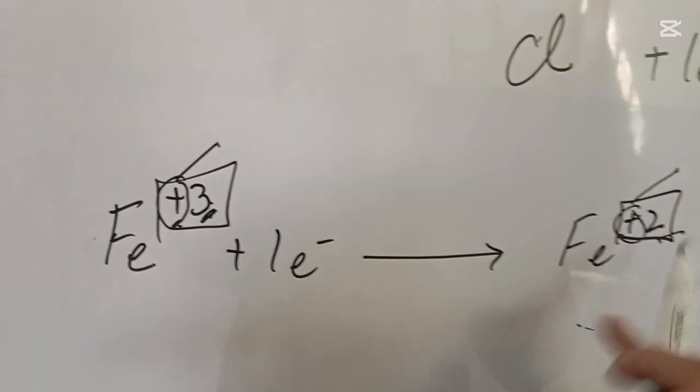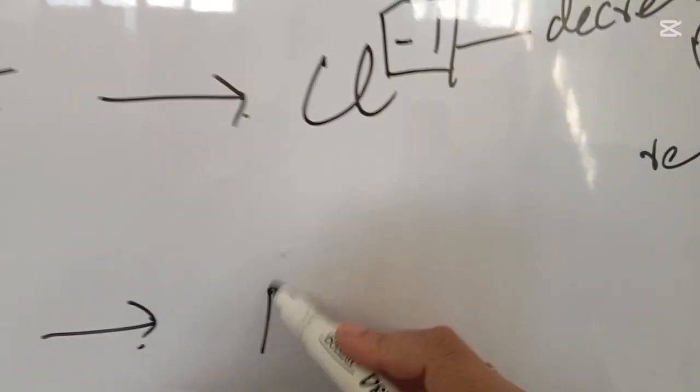So we can say that in this equation Fe got reduced, or reduction takes place. This must be understood.